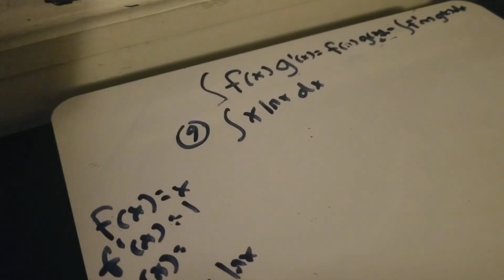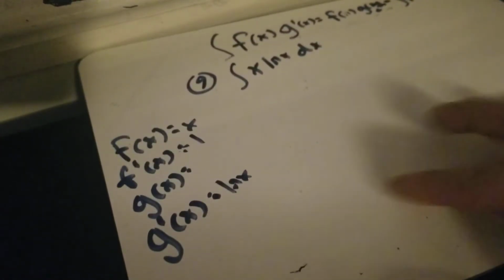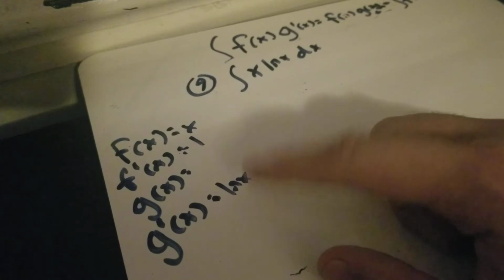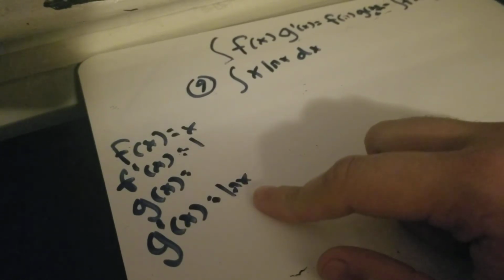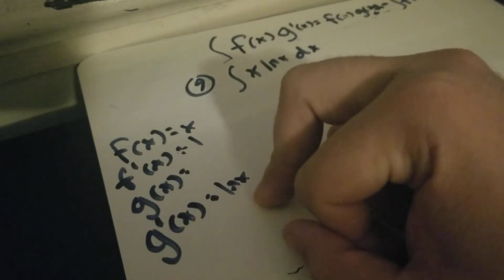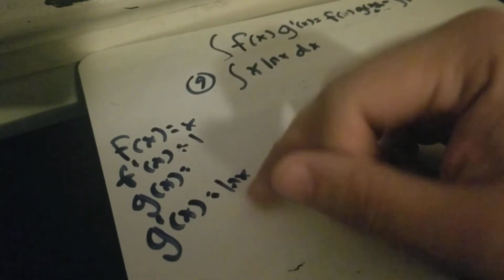If that's so, then my g prime of x, which I just called ln x, does not do a good job being g prime of x. Even though x does an excellent job being f of x, ln x does not do a good job being g prime of x.